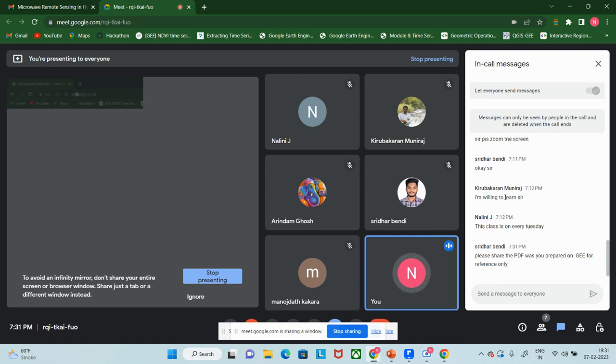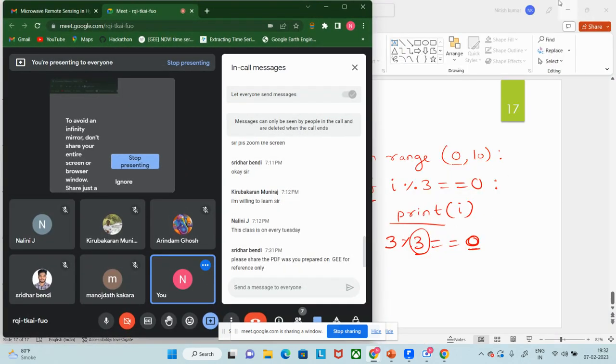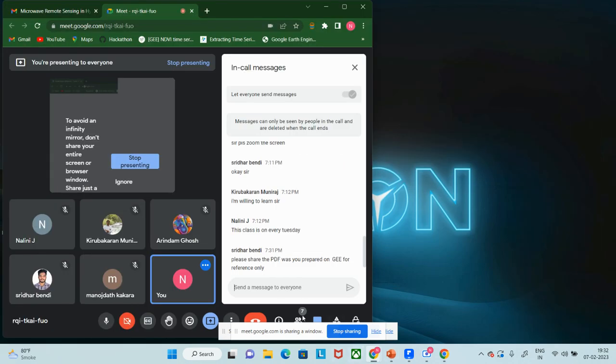But in Python, if there is some issue and it may not be resolved at that time itself, please share the PDF. Okay, one minute, here I can upload a PDF.